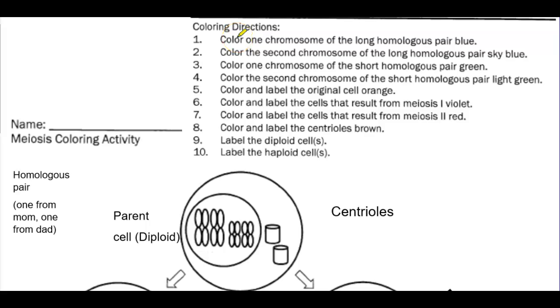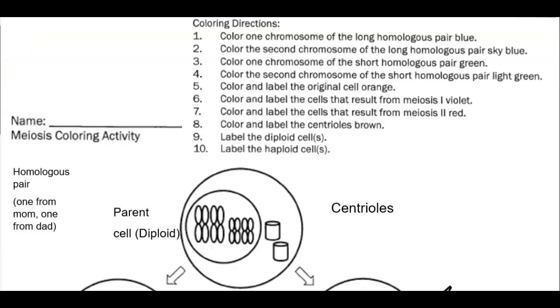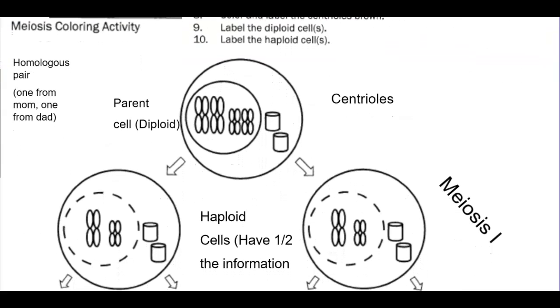So the first one here says, color one of the chromosomes of the long homologous pair blue, and then color the second chromosome of the long homologous pair sky blue. So I need two different colors of blue. And so on your iPad or screen or whatever, you need to figure out, how do I get two different colors of blue? So here we go.